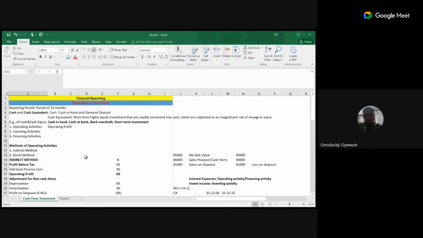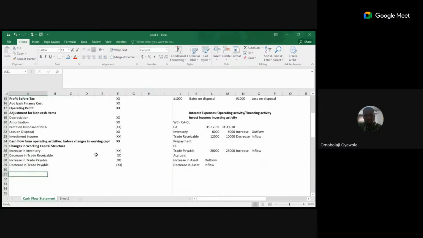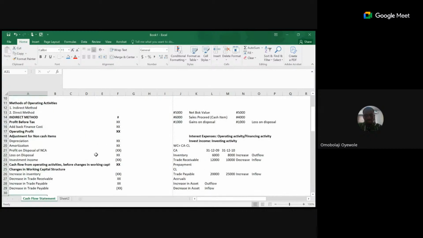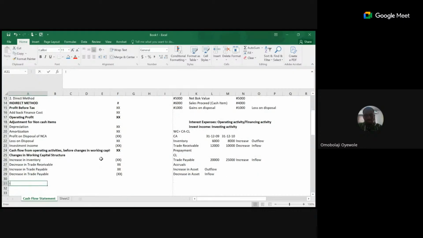We have to treat it as operating activity. After I have considered my changes in working capital structure, the next thing I'm going to recognize is interest paid. Interest paid is an outflow.